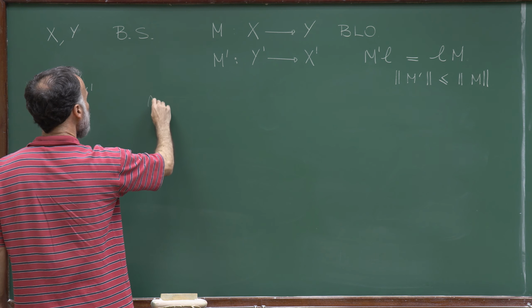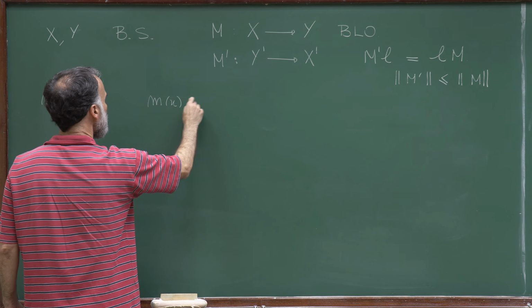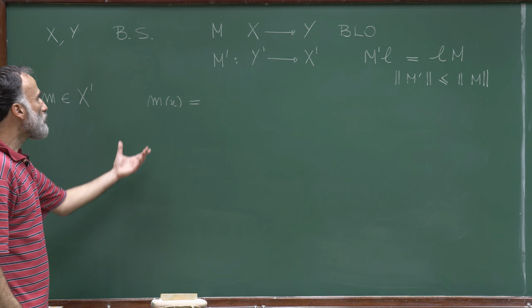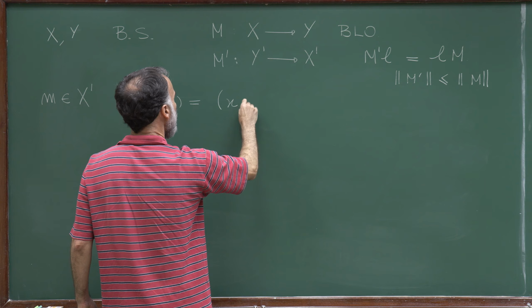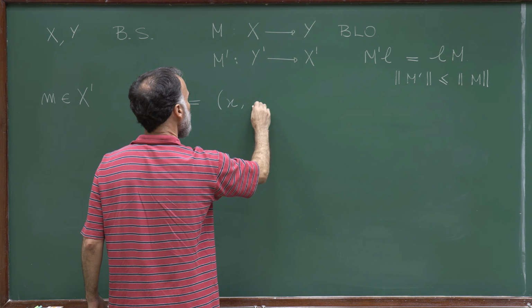So now let me consider an element of X prime, so a bounded linear functional of X. I will represent by mx, so I'm introducing a new notation, mx will be represented by xm.